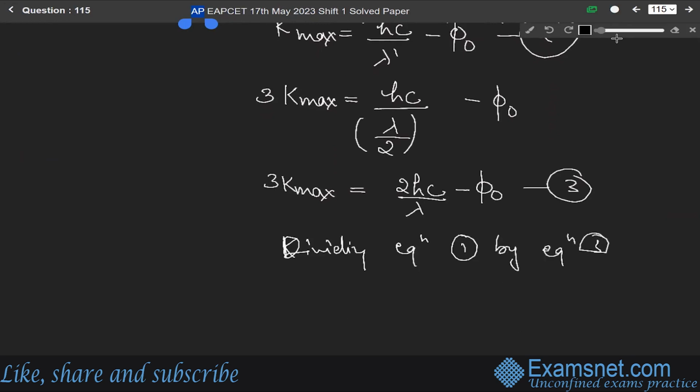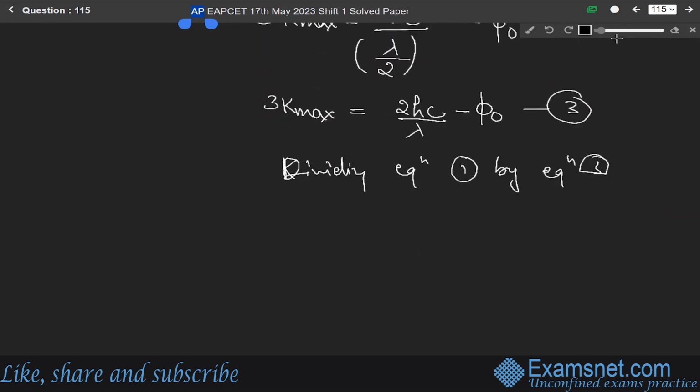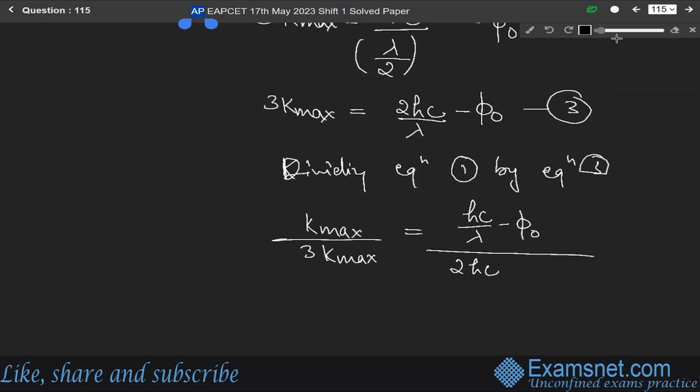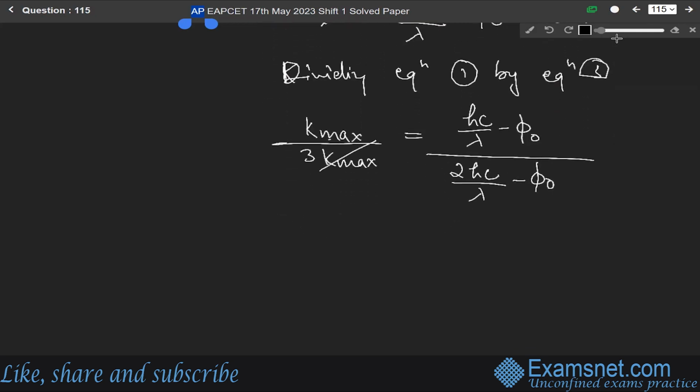So we get K maximum over 3K maximum equals hc over lambda minus phi naught over 2hc over lambda minus phi naught. Now solving it, K maximum cancels. So we get 2hc over lambda minus phi naught equals 3hc over lambda minus 3 phi naught.